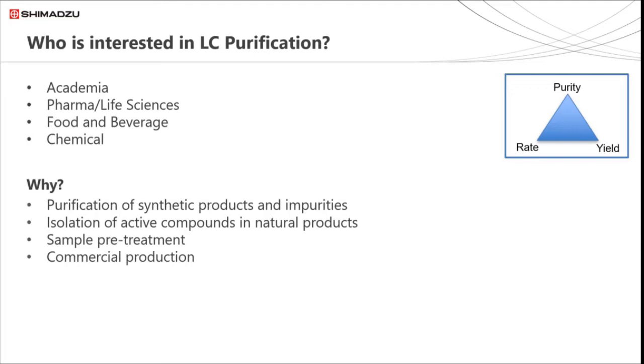They also might be interested in isolating active compounds in natural products, possibly sample pre-treatment. Some analytical methods require a sample isolated from a matrix using LC purification, or they may be interested in commercial production. What changes in each of these situations is the amount, the yield, the required purity, and the equipment available, which affects the rate.